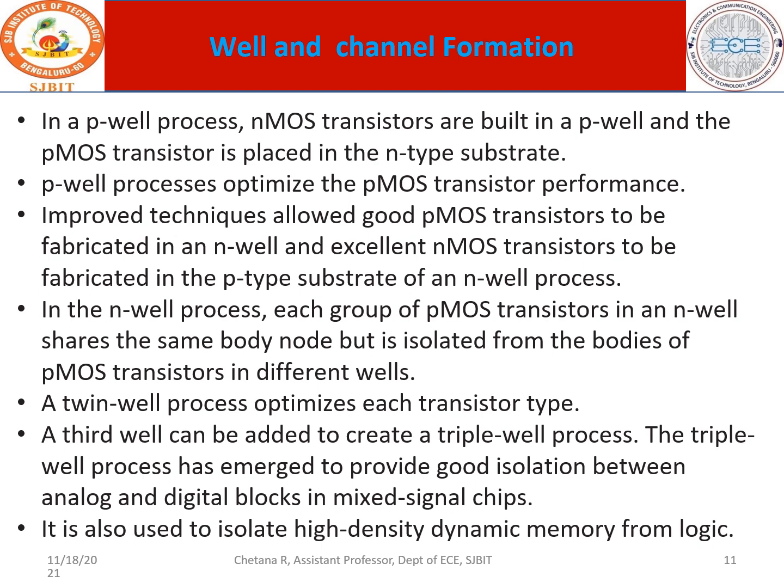The triple well process has emerged. It is new, to provide good isolation between analog and digital blocks in mixed signal chips. So this is the recent trend which is not introduced to us in our academics. So this is how it is used in analog and digital blocks. It is also used to isolate high density dynamic memory from logic.